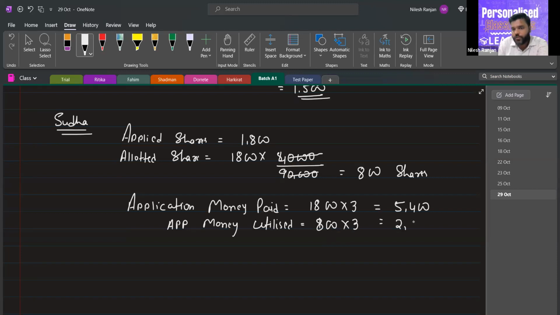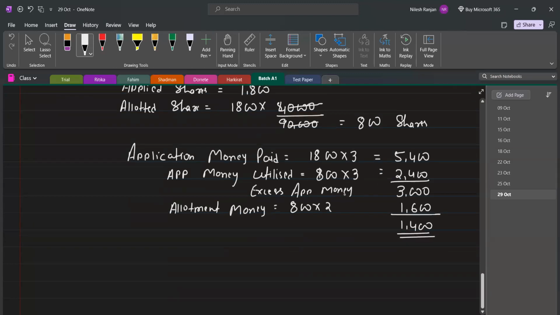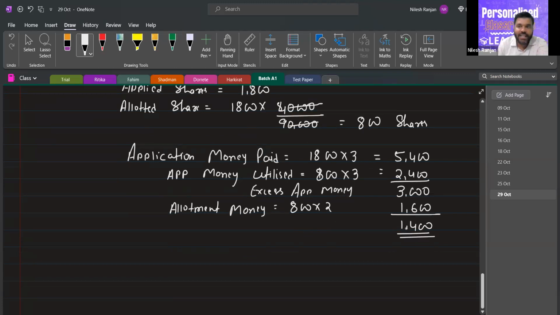So 800 into 3, 2400 here. Balance amount is excess money, 3000. Now this application money, we will use for allotment also. That's why it is written that she already paid allotment money. So 800 into 2, it is 1600, 1400 balance. Still there is a balance of 1400. Yes, this is excess application money after adjustment of allotment.